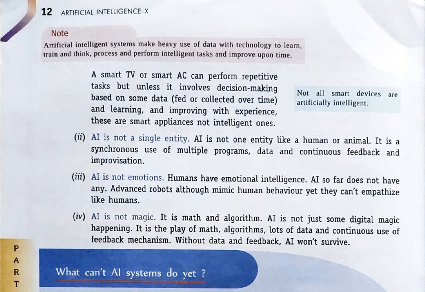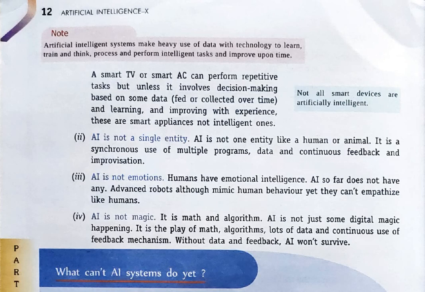Third, AI is not emotions, because humans have emotional intelligence, but AI does not have this emotional intelligence. So they cannot empathize like humans. And the fourth point is that AI is not magic. It is just math and algorithm.